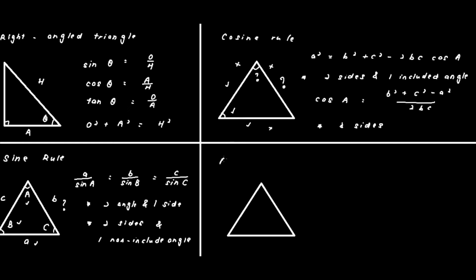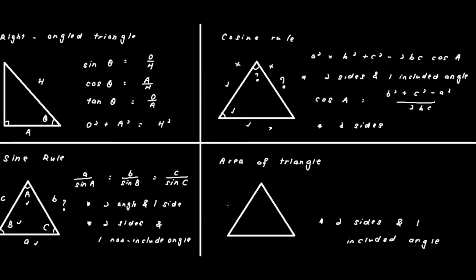Then the last one, we talk about the area of triangle. Whenever you want to find the area of a triangle, you need two sides and one included angle. If you do not have enough information, you might need to use sine rule or cosine rule to help you get the information that you need.